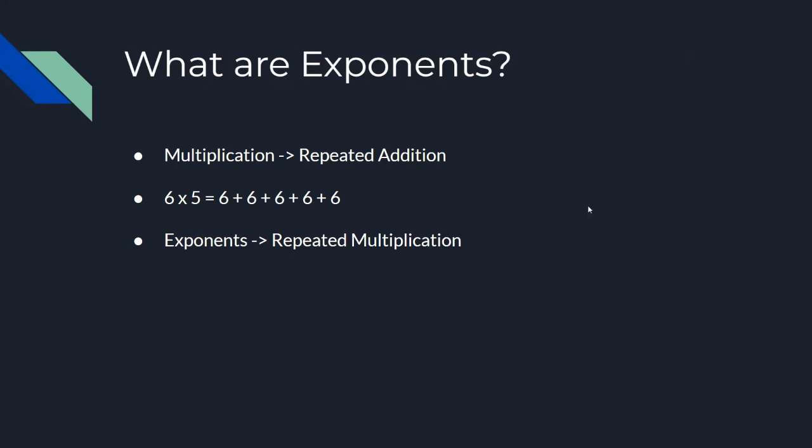For example, if we have 7 to the power of 4, that's equivalent to saying 7 times 7 times 7 times 7, 4 times. Repeated multiplication.